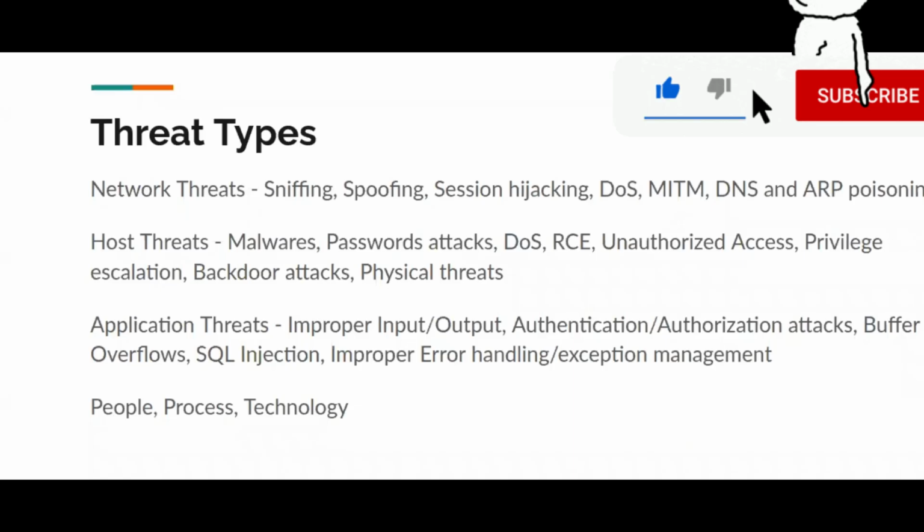Then there are application threats. All the applications are usually designed and coded by human beings only, and it is quite impossible to actually make them error free. So there are times when people leave out input output validations, which results in some kind of vulnerability, and which causes these threats.